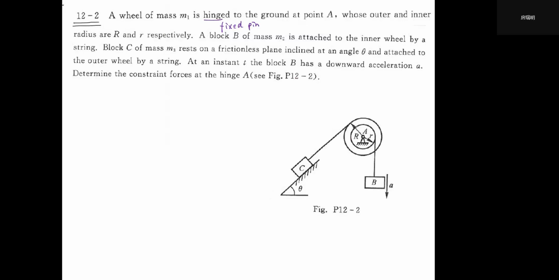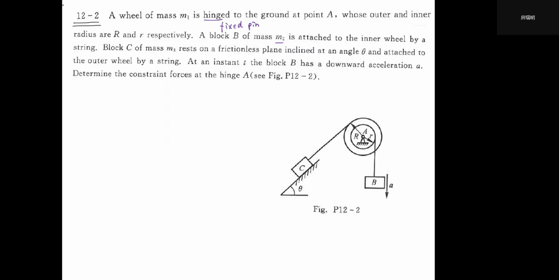It means here is capital R and here is little r. A block B of mass M2 is attached to the inner wheel by a string.